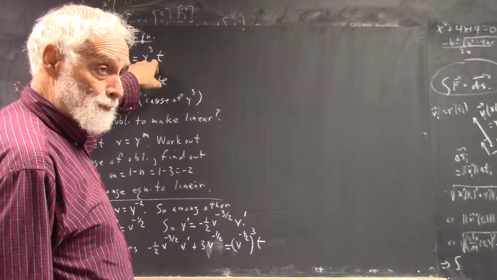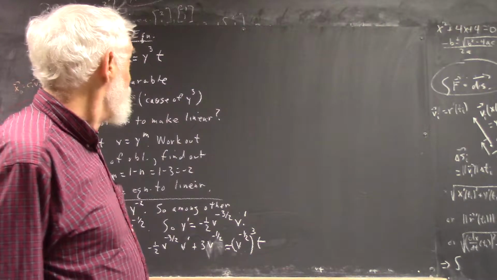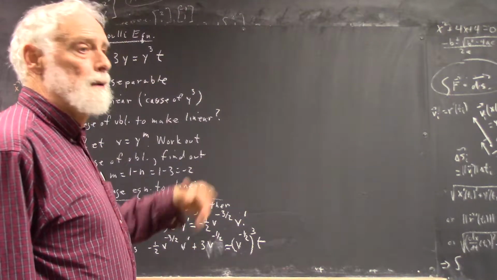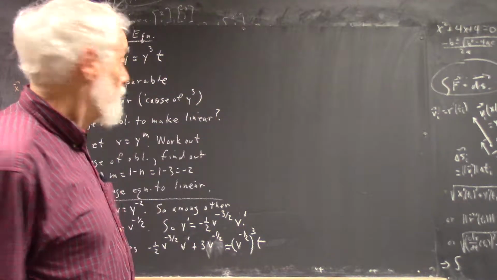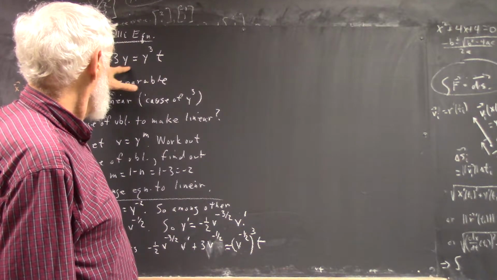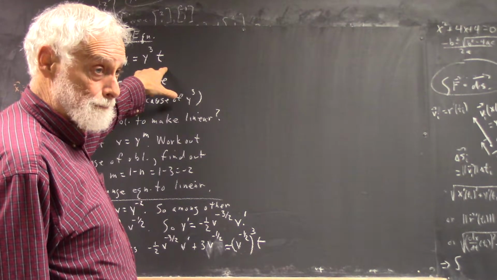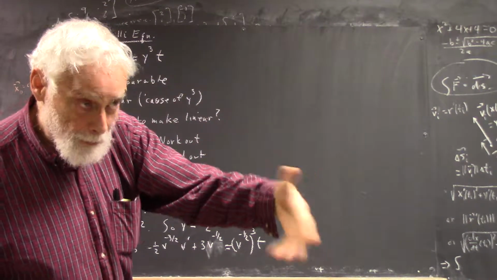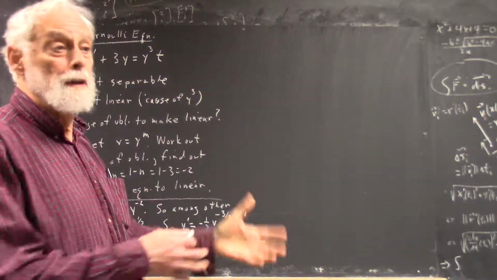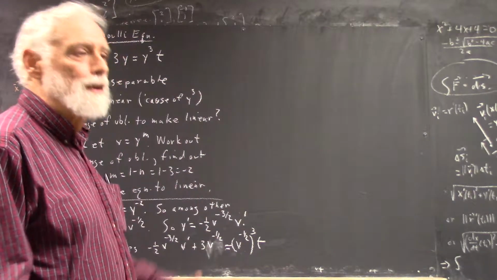Will this work if that would be a 3y squared, the 3y squared here, to the left? No, it wouldn't be linear. It wouldn't be a Bernoulli equation. A Bernoulli equation is linear on this side, but it has a power of y over here, and then some function of t. You can look at your book and see what they say the form is. Something like y prime plus p of t y, just like your linear equation, equals y to the n times q of t.